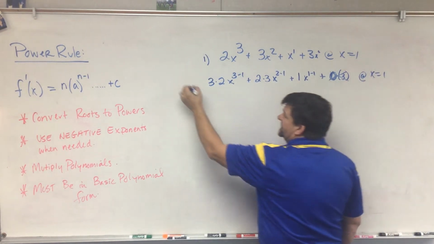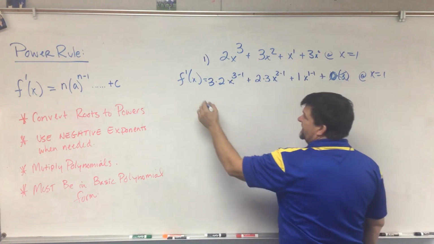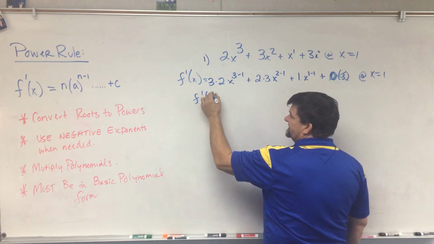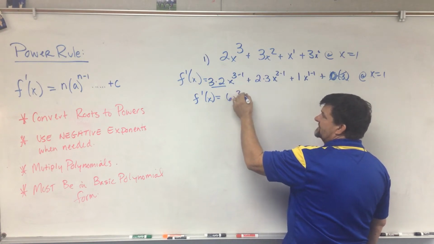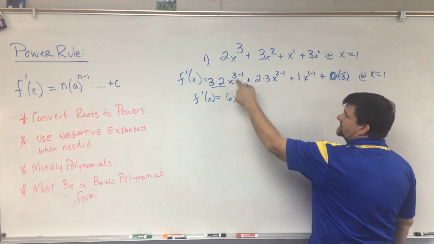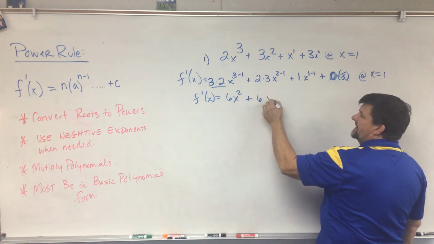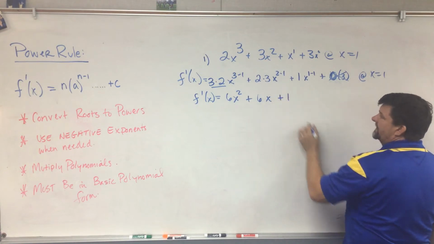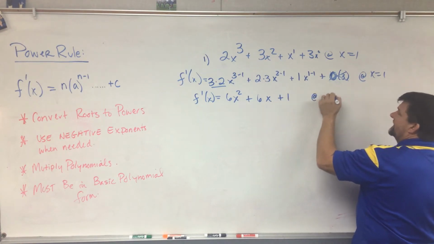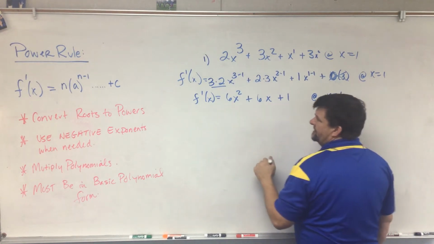So if we're finding the derivative, we can write it as f prime of x. So let's just clean this up. f prime of x is equal to 6x squared. 3 times 2 is 6. 3 minus 1 is 2. Plus 6x, 2 minus 1 is x to the first power, plus 1. At x equals 1, this is my f prime.